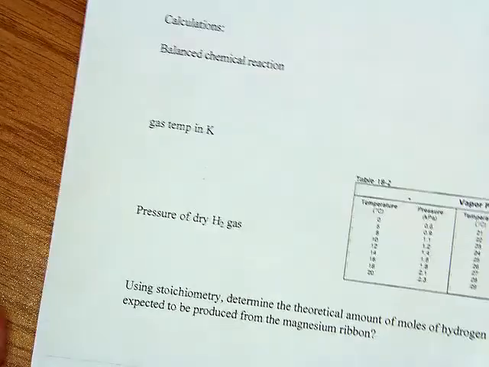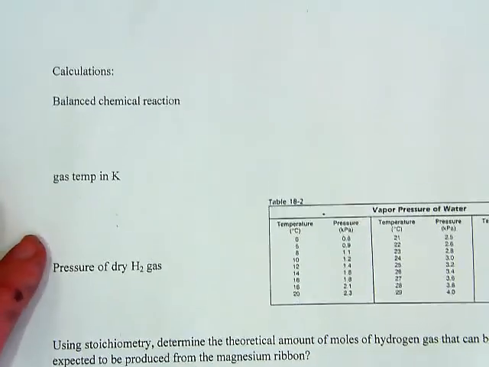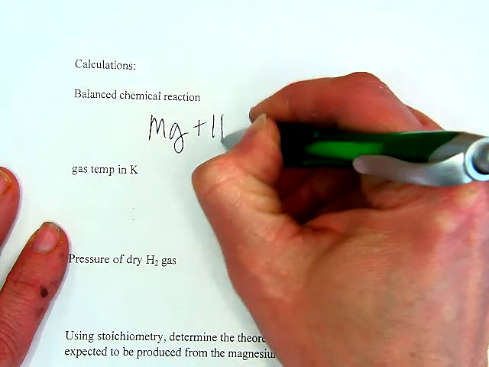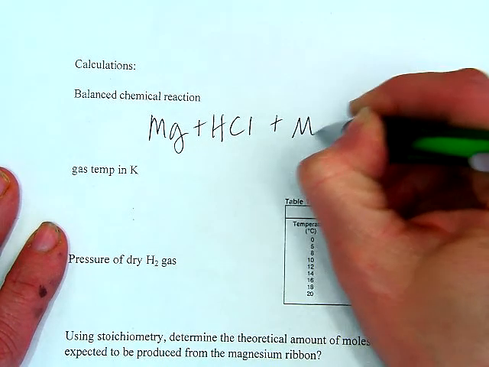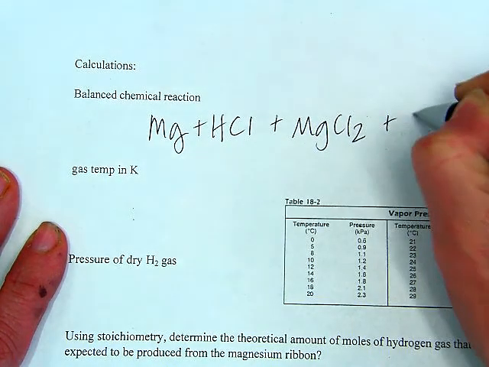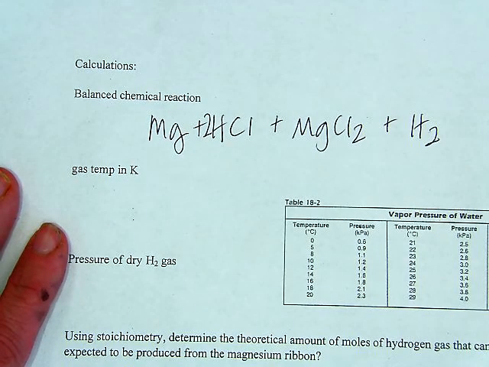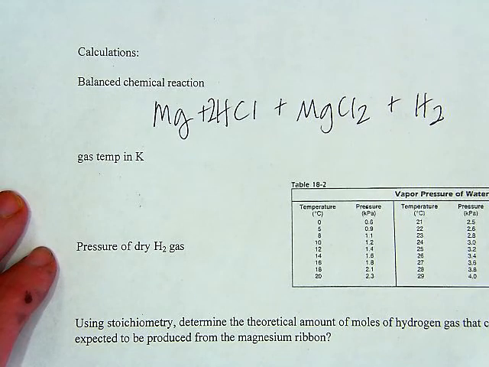So you hopefully already have your balanced chemical equation. The first question that we will ask ourselves is, what was the temperature of the gas? If you recall, the temperature of the gas was never directly measured, so we have to kind of guess it.